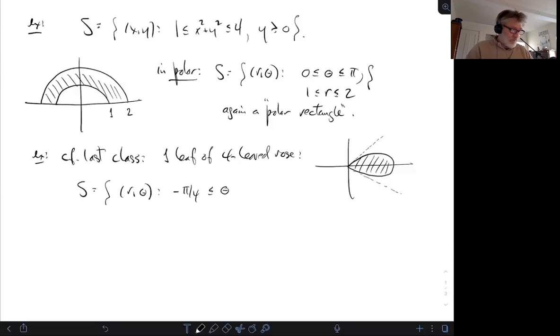So you have to go back to the analysis we made last time. And what is r? Well, for a fixed angle, it's anything from the origin to the bounding curve, so 0 to cos 2 theta, like that. Okay? So you see, this is not a rectangle in polar coordinates because the bounds for r are not constant, but it's actually type 1.